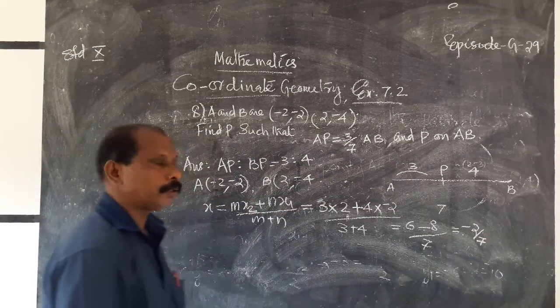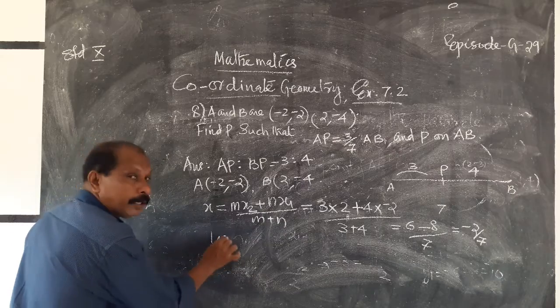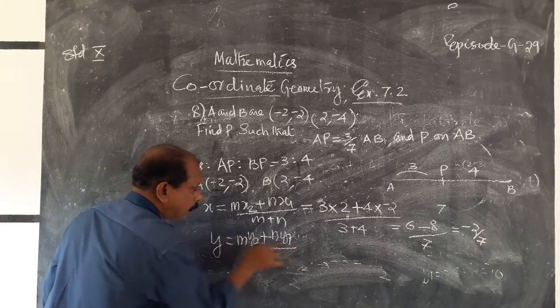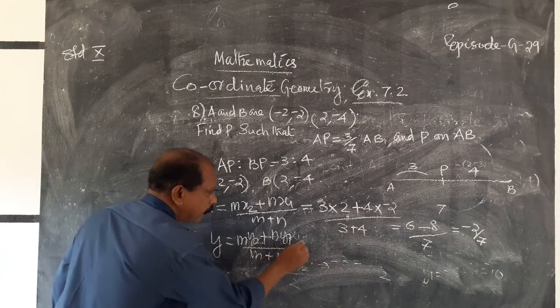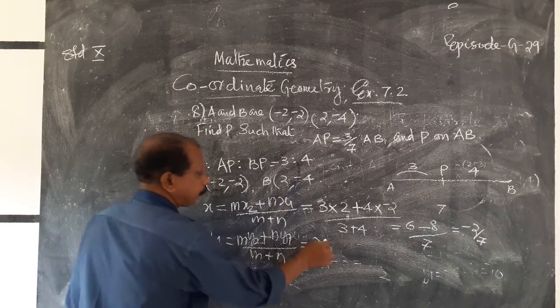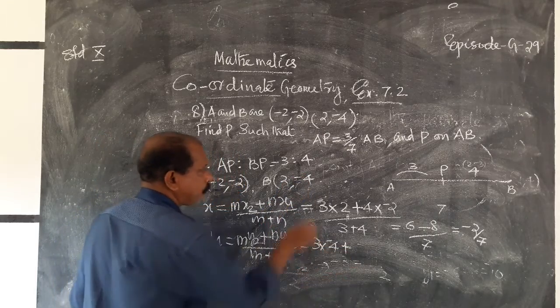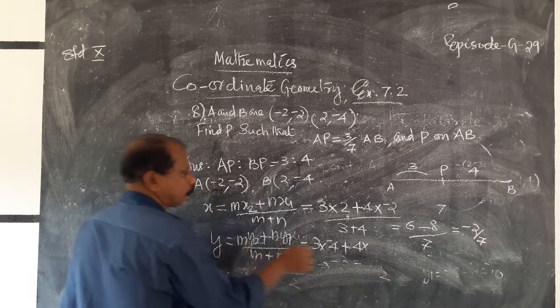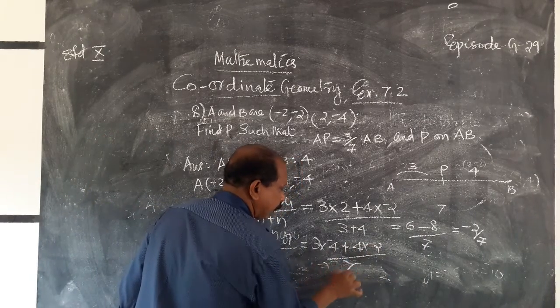That is the x coordinate. Similarly, y is equal to (m y2 plus n y1) by (m plus n), equal to m is 3 into y2, which is minus 4, plus n is 4 into y1, which is minus 2, divided by 7.